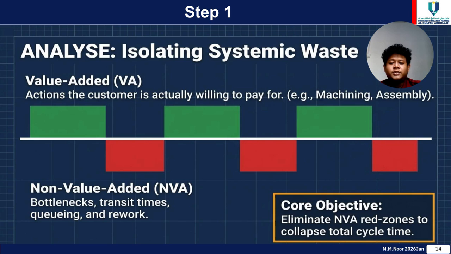Second is non-value added, or NVA. These are the operational red zones, such as process bottlenecks, excessive transit times, long material queuing, and costly product rework. Our core objective in this phase is to ruthlessly eliminate these NVA red zones to collapse our total process cycle time.